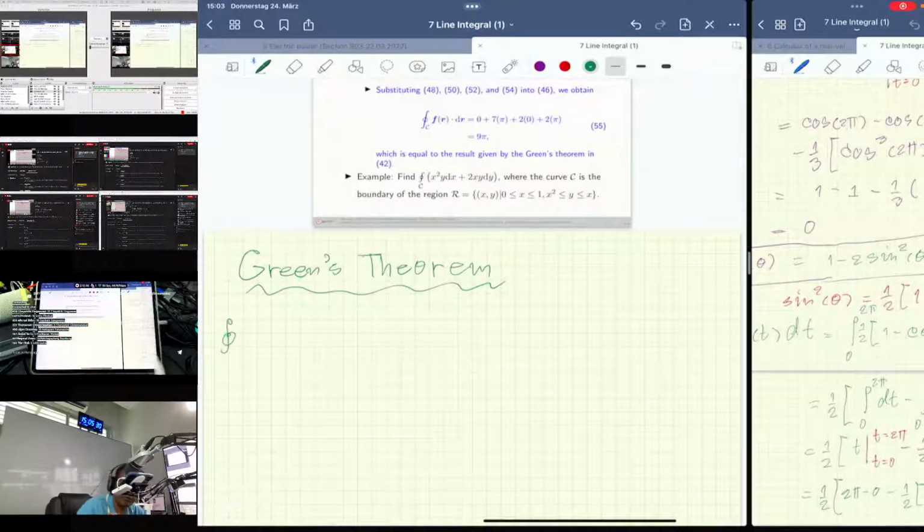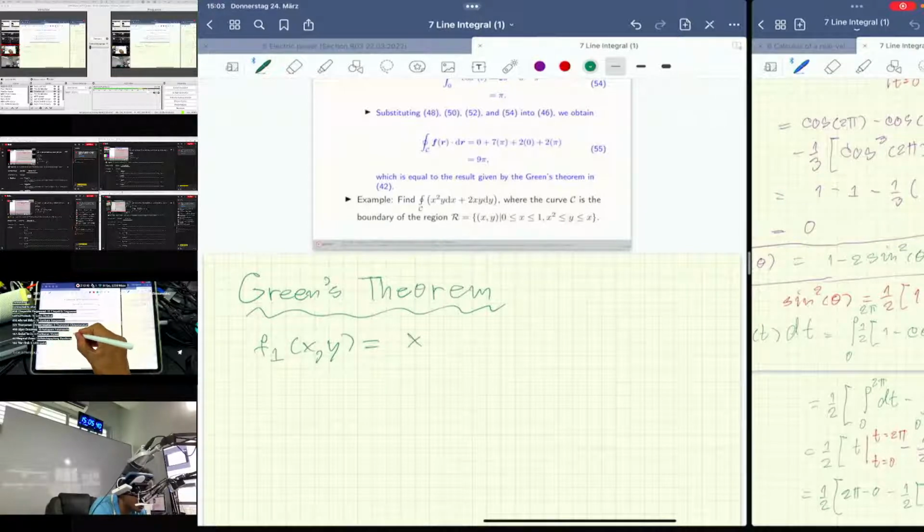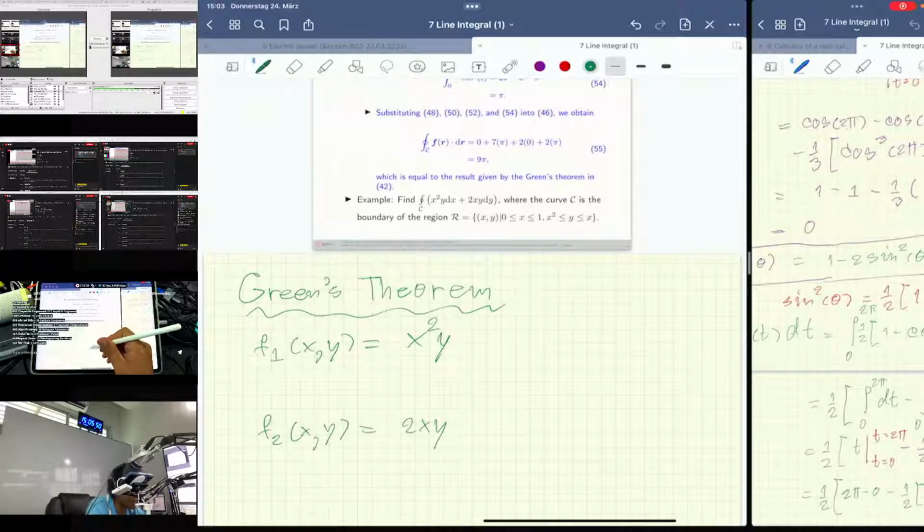Okay, before we go ahead, you need to know first f1 xy is equal to x squared y. Okay, and f2 xy is equal to 2xy, right?